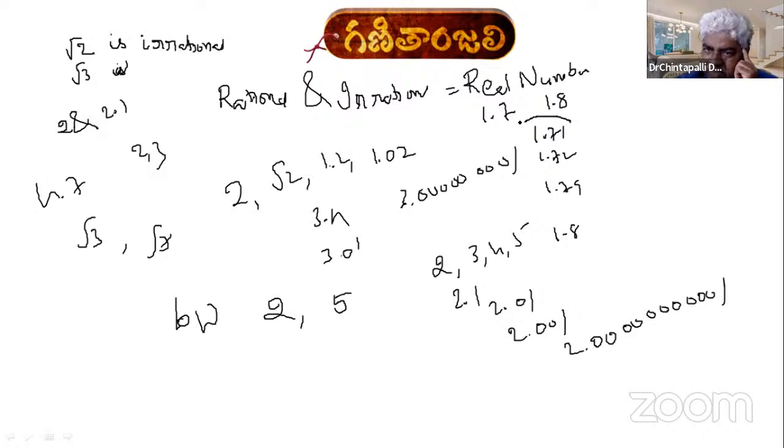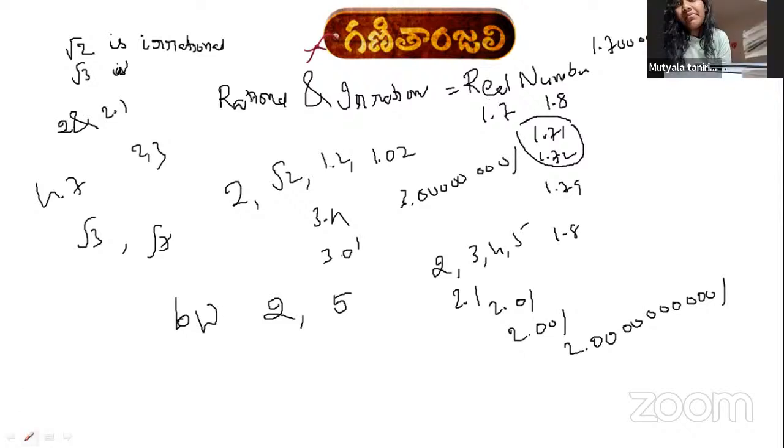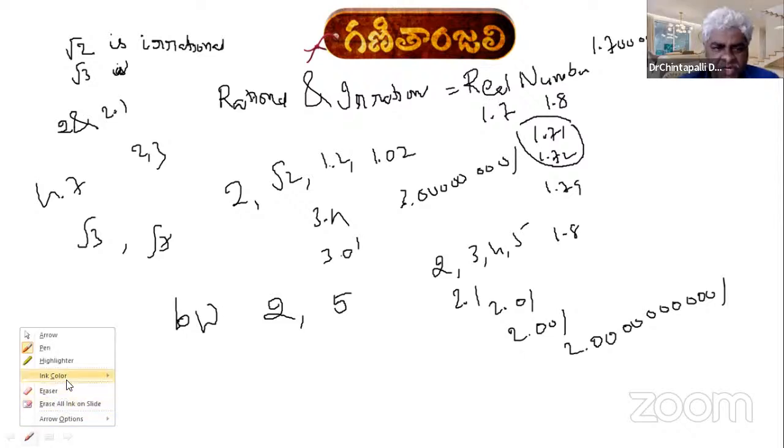Even between 1.71 and 1.72, we can write 1.711 and so on. So between any two real numbers, however near they are, there lie infinite real numbers. Got it? So this is the base point to understand what an interval is.